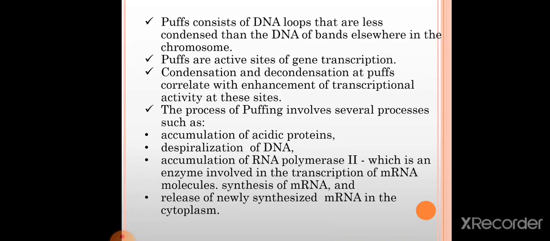The process of puffing involves several processes such as accumulation of acidic proteins, despiralization of DNA, accumulation of RNA polymerase II, which we all know is an enzyme involved in the transcription of messenger RNA molecules, synthesis of mRNA, and the release of newly synthesized mRNA in the cytoplasm.